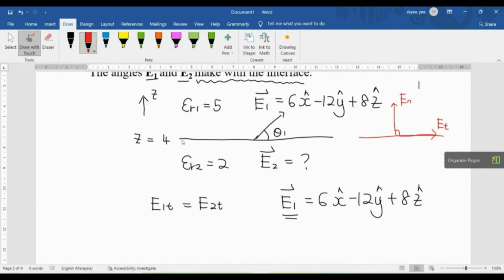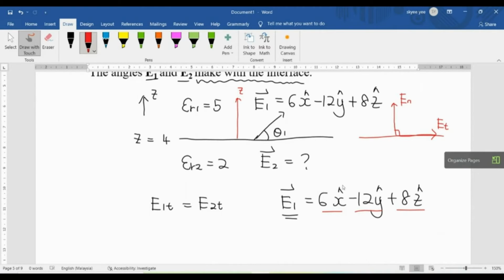For this case, if I tell you this one is the z-axis, looking at this E1, you have 6x in the x direction, negative 12y in the y direction, and 8z in the z direction.